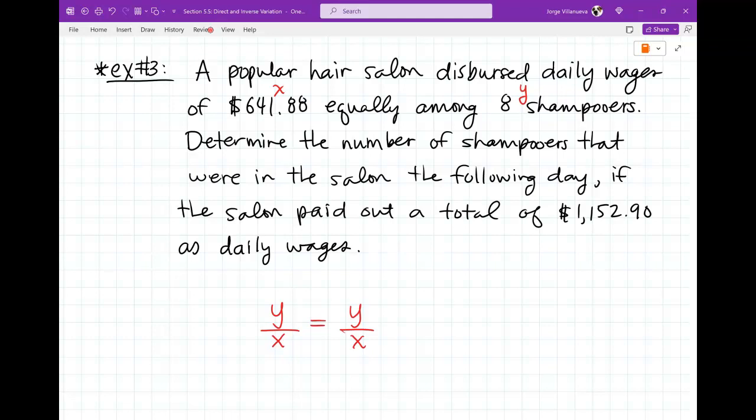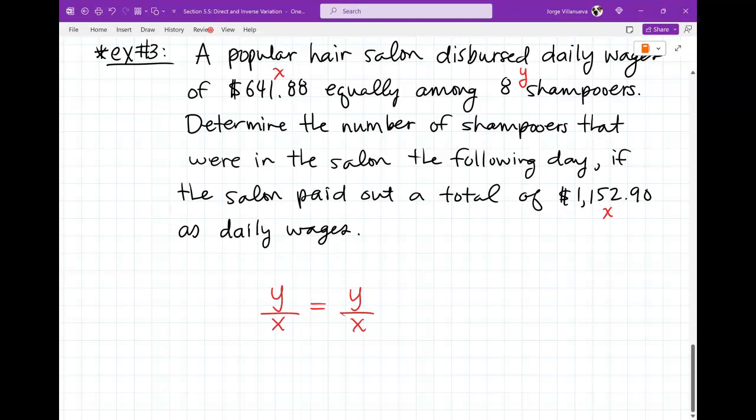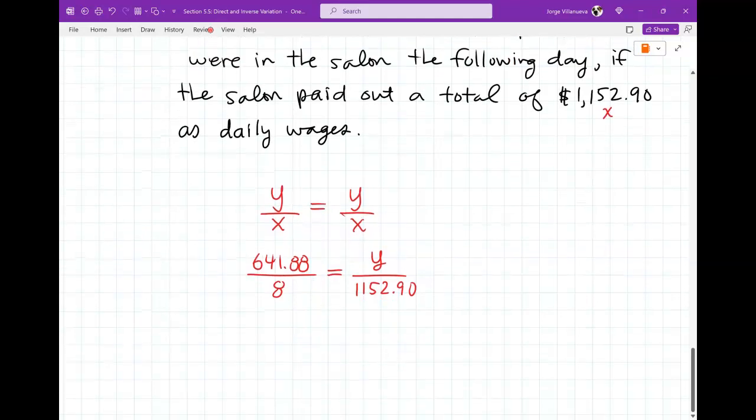So I have to solve for y, because they want me to figure out the number of shampooers. If the salon paid out a total of, so here's the money, x. Let me plug everything in. I have 641.88 divided by 8 equal to, the number of shampooers, that's y. I don't know the number of shampooers, but they did pay $1,152.90.